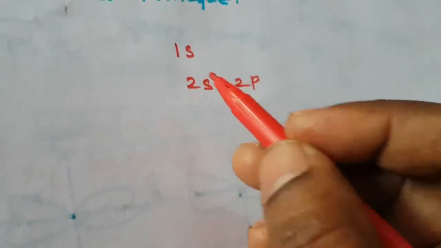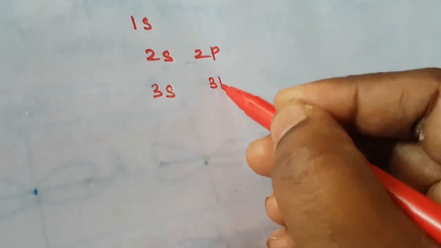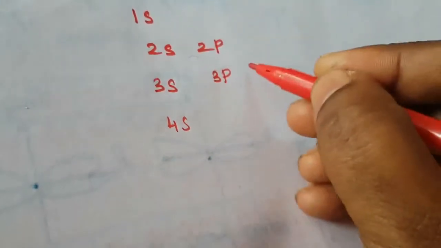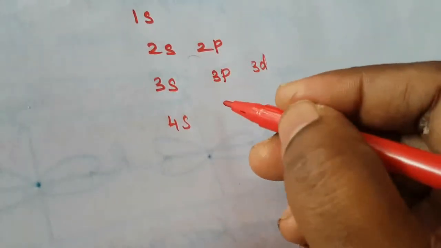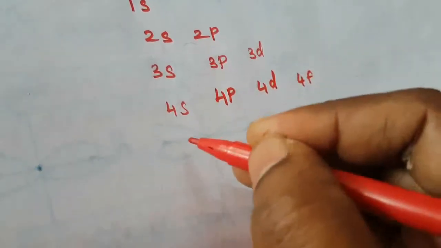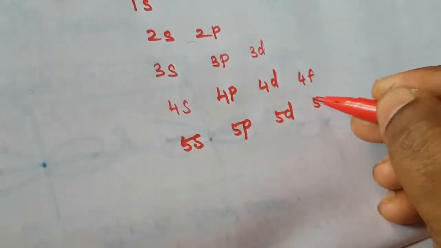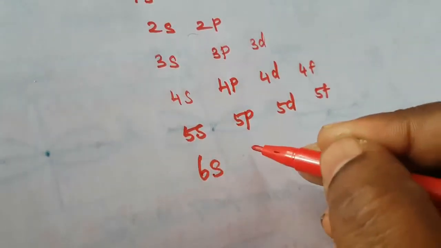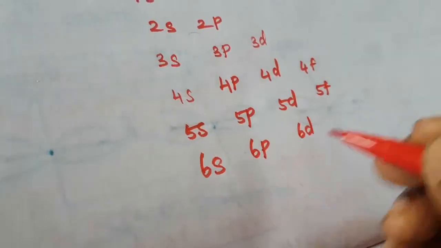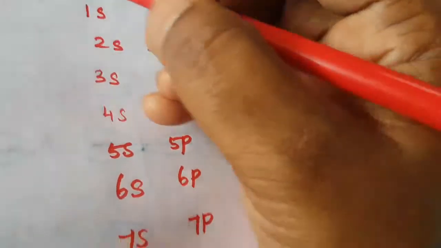First write 1s, then 2s, 2p, then 3s, 3p, 3d, then 4s, 4p, 4d, 4f, then 5s, 5p, 5d, 5f, then 6s, 6p, 6d, then 7s, 7p. According to those numbers you can write like this. Then you strike out along the order.